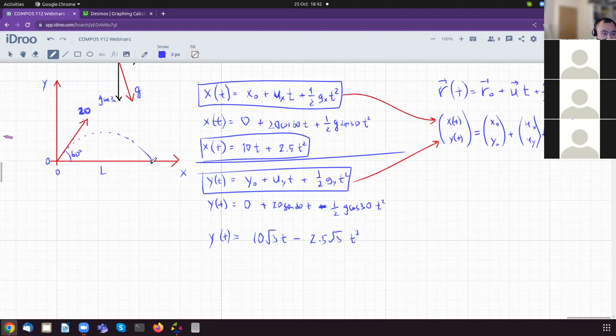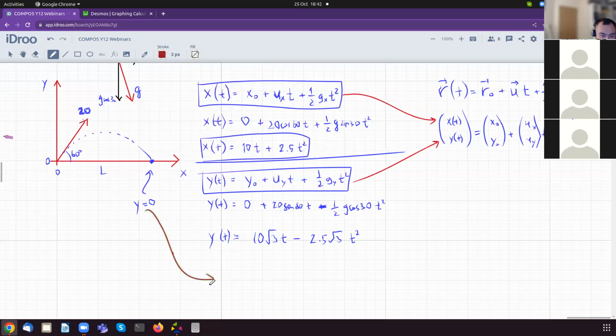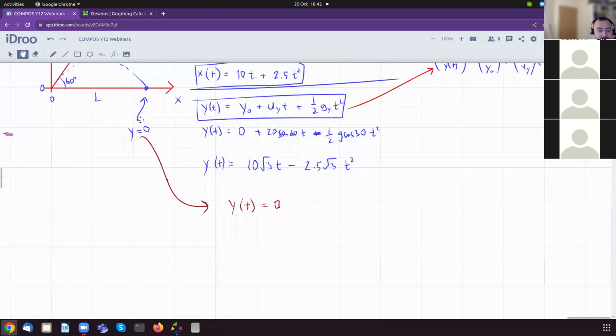Now, when it hits the surface at this point, y is 0. So y of t has to be 0. So 10 square root of 3 t minus 2.5 t squared square root of 3 equals 0.